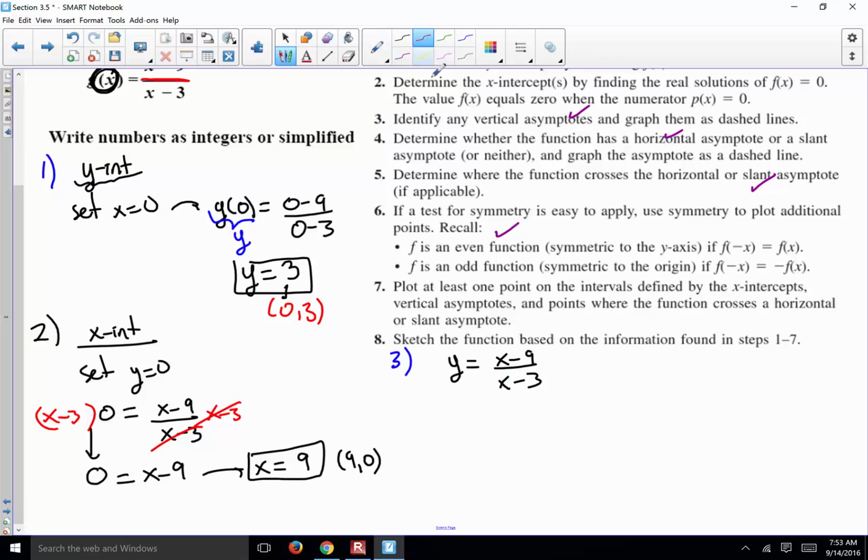First off, actually you need to factor top and bottom and reduce them, but there is no factoring involved here. X minus 9 and x minus 3 are irreducible, they are not factorable. So you just check out what makes the denominator 0. Simply you see it's 3. Or set x minus 3 to 0, x equal 3 is your vertical asymptote.